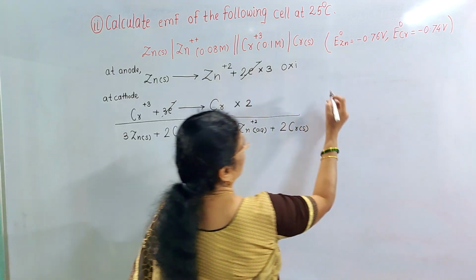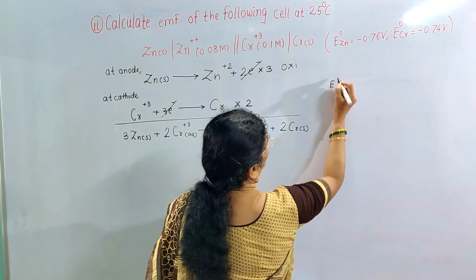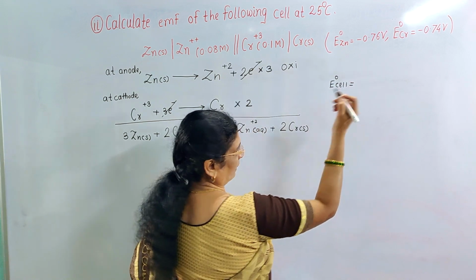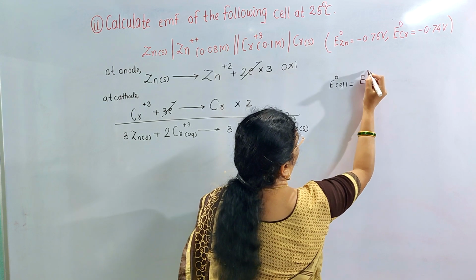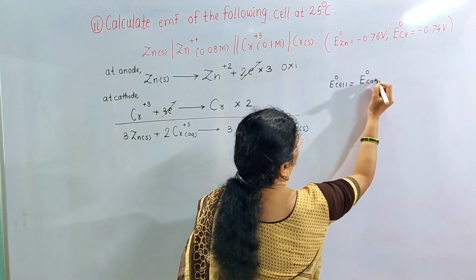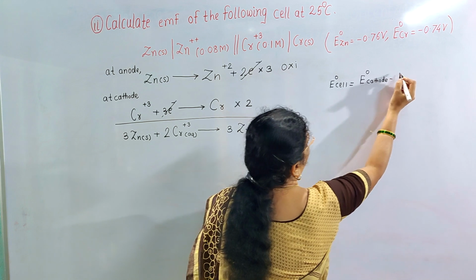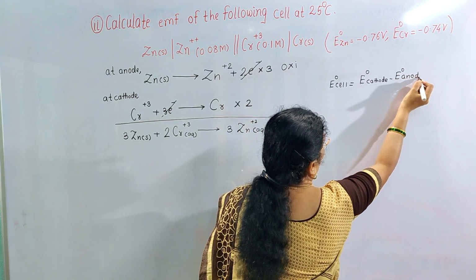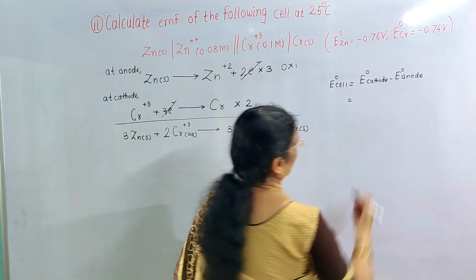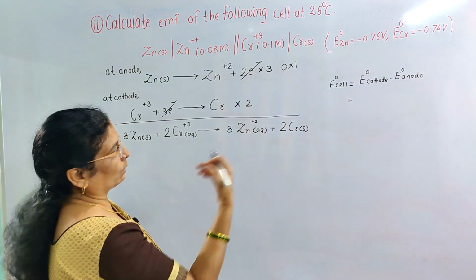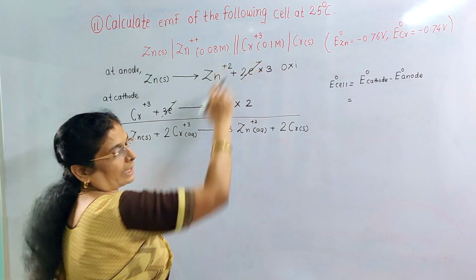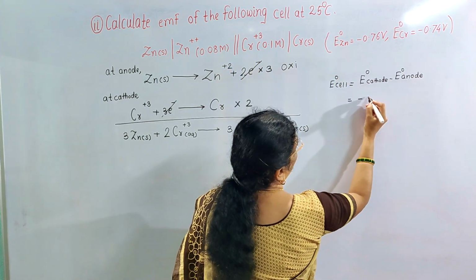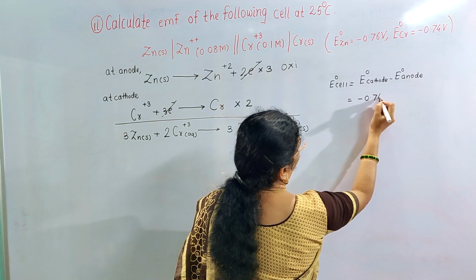Now that we know the net cell reaction, we have to calculate E0 cell. What is the formula for E0 cell? It is E0 cathode minus E0 anode, the potential at cathode minus the potential at anode. Which is the cathode here? The chromium electrode is the cathode, and its electrode potential is given as minus 0.74 volt.